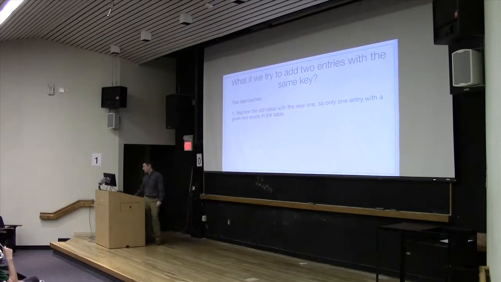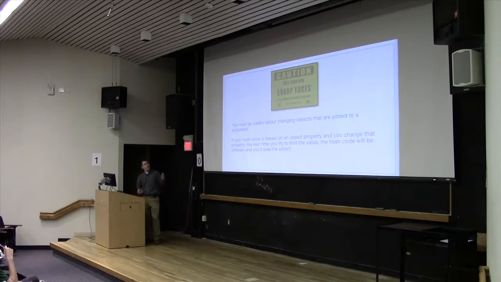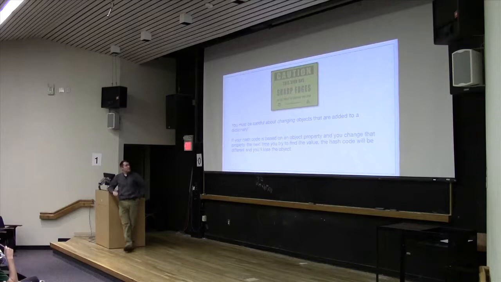It depends on your situation. One thing you have to be careful about when you're talking about hashes is that you don't change the object in some way that you used to make that hash. What's a good example?